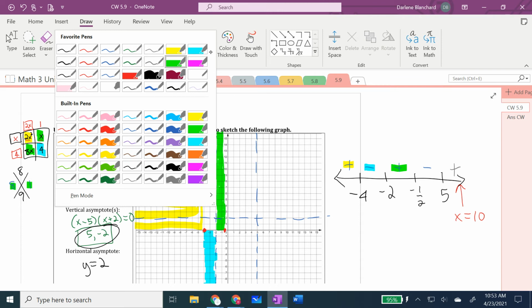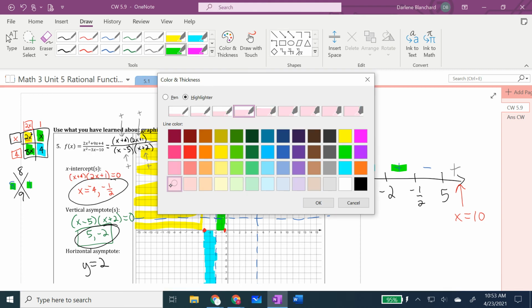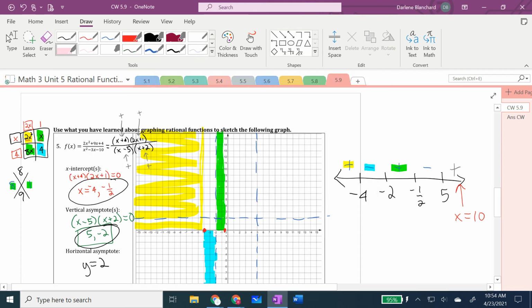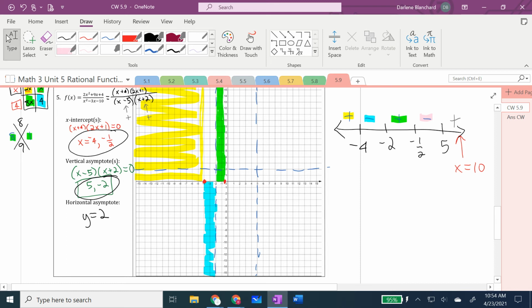Next section, under the x-axis, negative y values from negative 1/2 until 5.